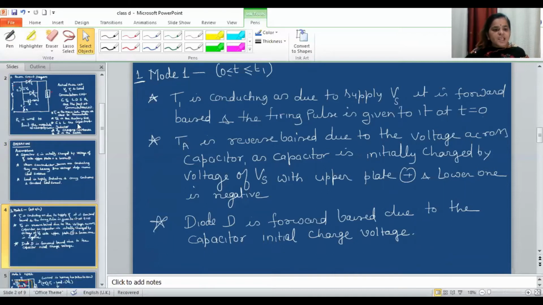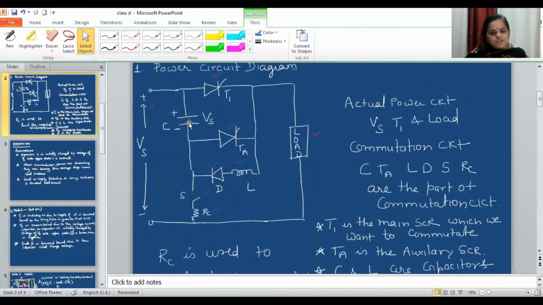TA is reverse biased. Why? Because when T1 is short circuit, the capacitor voltage appears across TA with cathode positive and anode negative, so it is off.